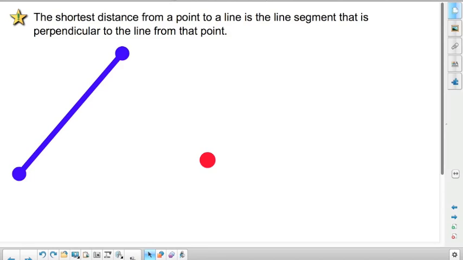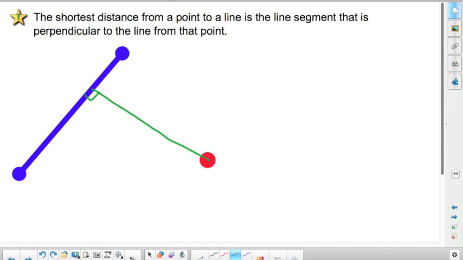So shortest distance from a point to a line is the line segment that is perpendicular to the line from that point. So what we mean by this is that if I drew a line from this point to this line, if I could get that line to intersect with that line at a 90-degree angle, this is the shortest distance to that line.